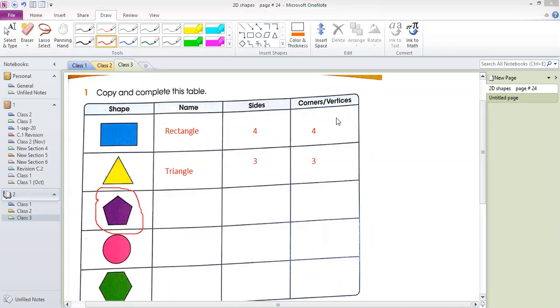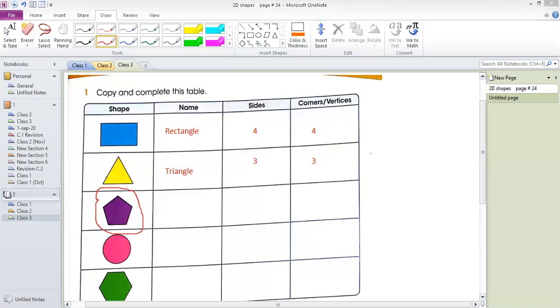Pentagon. Hexagon. Pentagon. Very good. So it is a pentagon.